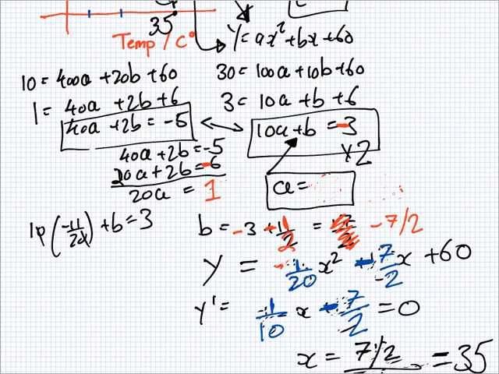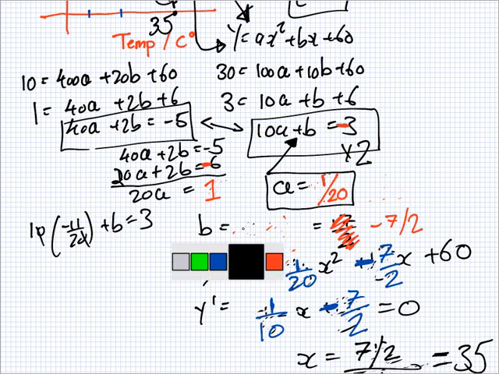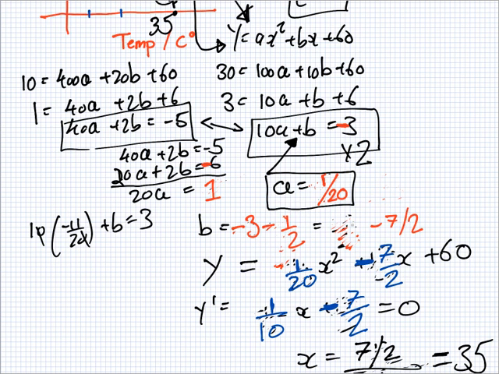Very unsatisfying. 1 over 20. So to find the vertex, then you just sub it into the quadratic that we found.